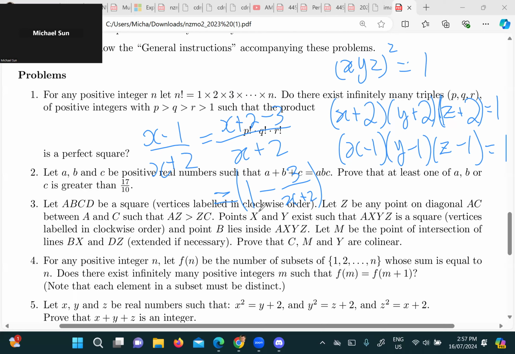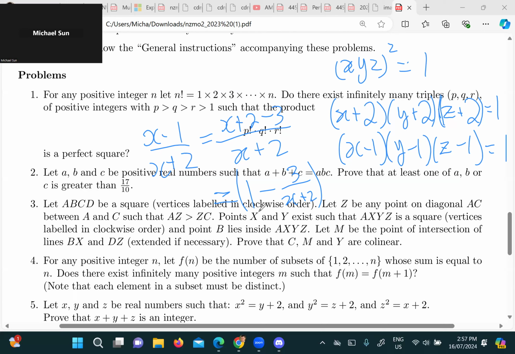So there have to be two negatives in both. But what do two negatives mean? It means that they're less than -2, right? So you've got two numbers which are less than -2 times one number which is greater than 1. It's supposed to have absolute value 1. That's not possible, right?